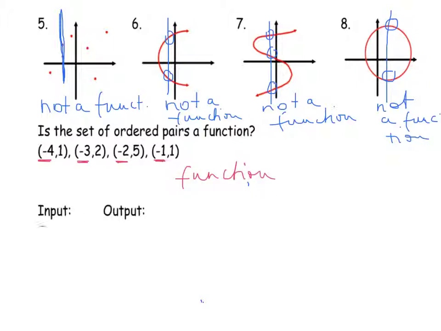The input is -4, -3, -2, -1, and my output is 1, 2, 5, and 1. So again, for each one of the inputs, there is exactly one output.